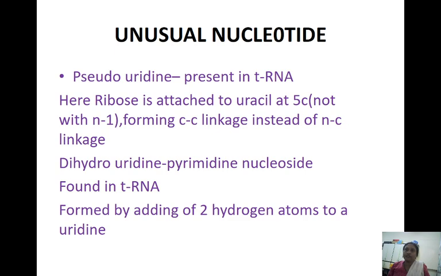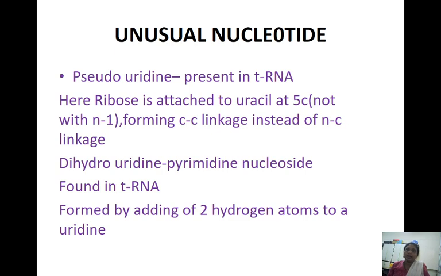By the attachment of this, a nucleoside is formed, which is known as pseudouridine, present in the structure of tRNA. Then the other one is dihydrouridine. This dihydrouridine is also found in the cloverleaf structure of tRNA, and it is also a pyrimidine nucleoside.